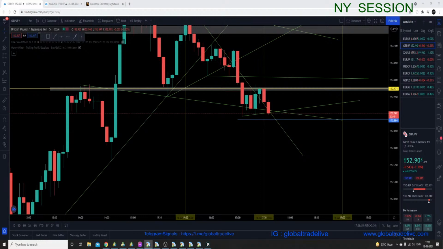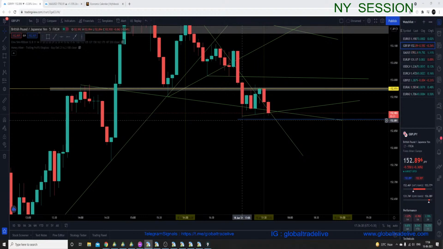So once it breaks the price 152.884, I'm gonna hop in this trade, because I think it will be going down. It's having some sort of problem, but I think it will be going down.